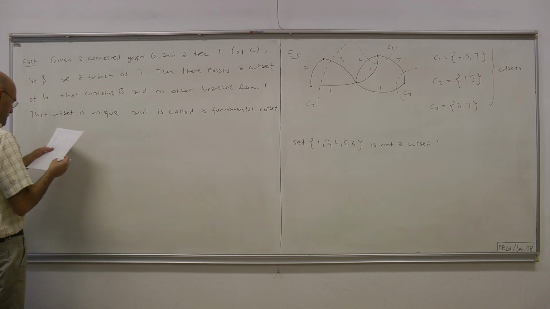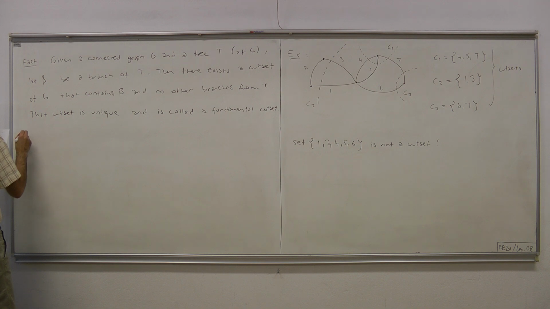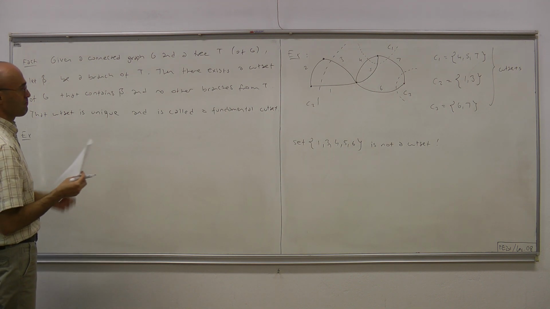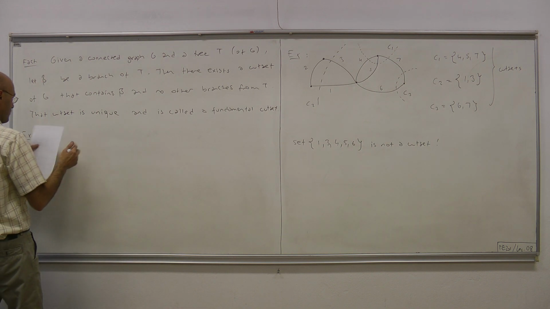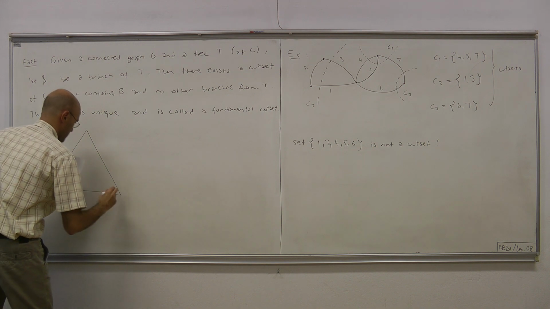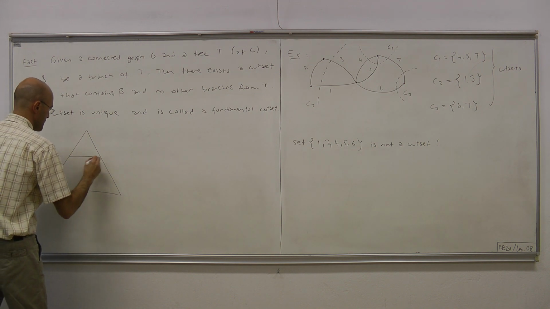Okay, so here is an example. Suppose that this is our graph with 9 branches and 6 nodes.